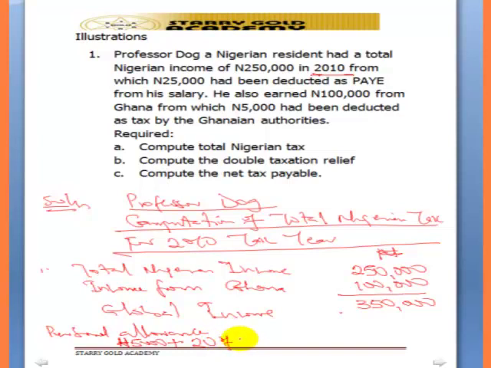That is 20% of 350,000, which is equal to 75,000 naira. You deduct it.